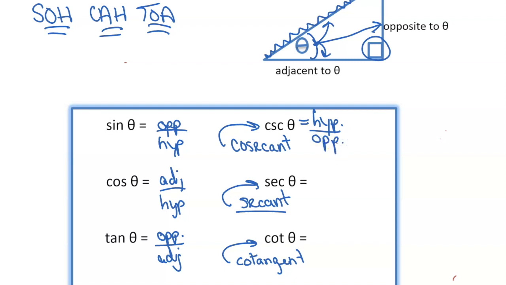Secant is related to cosine. So if cosine is adjacent over hypotenuse, then secant is going to be hypotenuse over adjacent. And cotan is the reciprocal of tan, so we're going to have that to be adjacent over opposite.